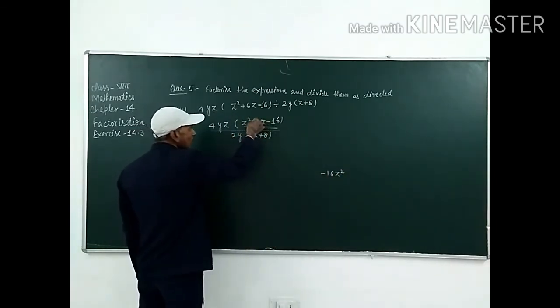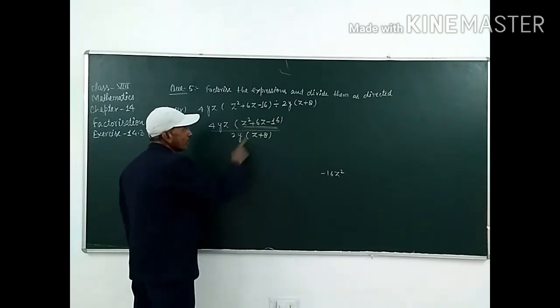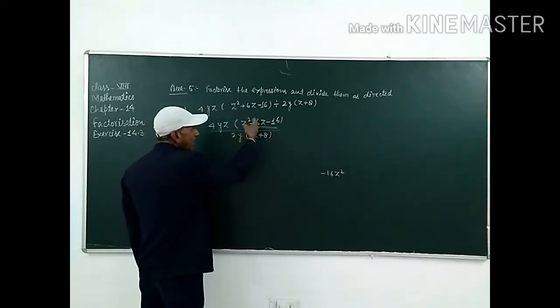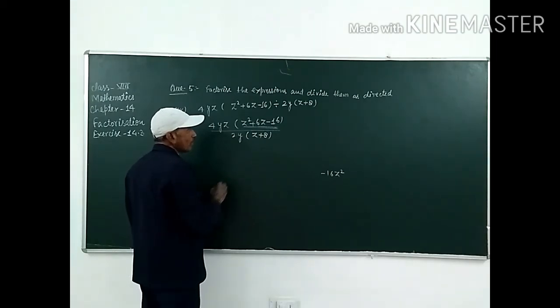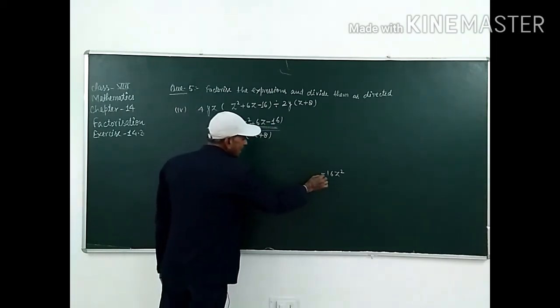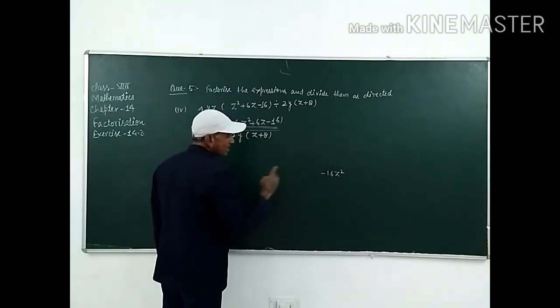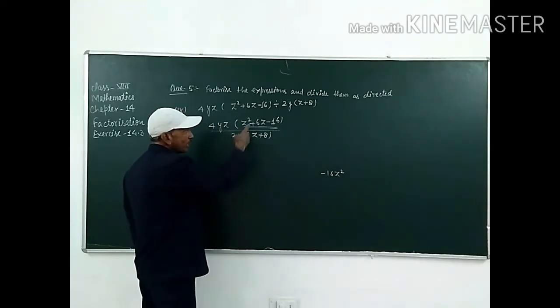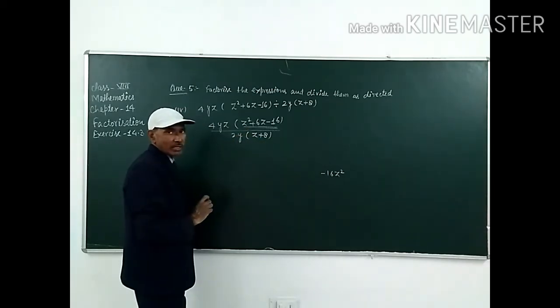We have to split the middle term such that the product of the two terms equals the product of the first and last term, and their sum or difference must equal 6z. So students, there is a negative number, minus 16, so we have to find one positive and one negative number so that the product will be negative.